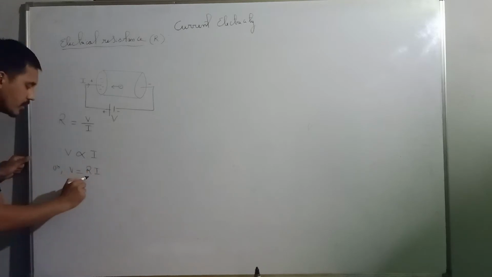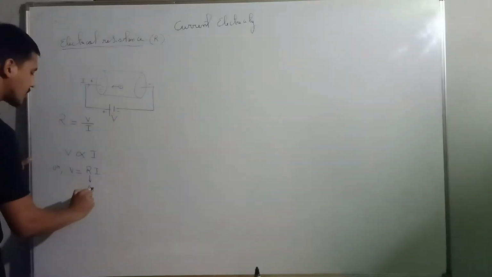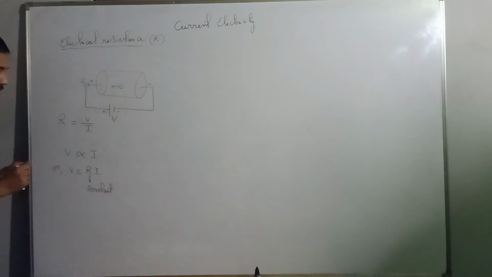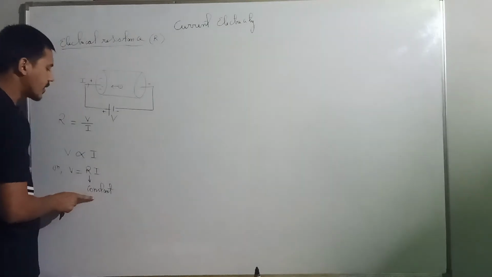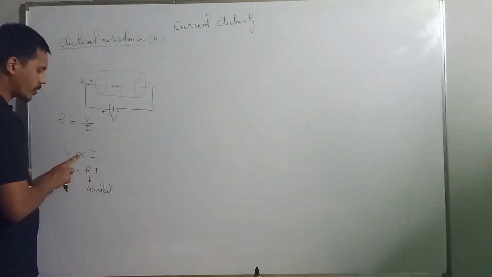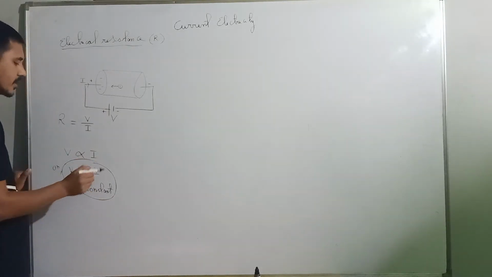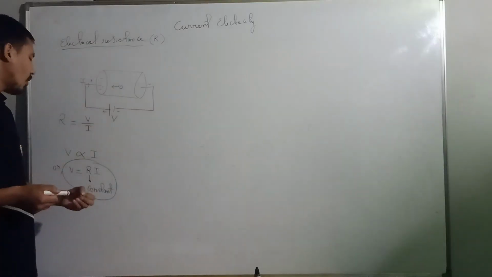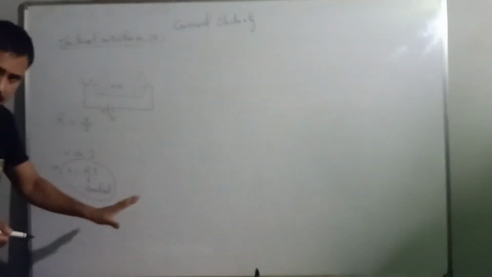According to Ohm's law, the electrical resistance R here is constant, because if R is not constant, then V will not be proportional to I. But this is not always true, because the resistance of a conductor may not always be constant.